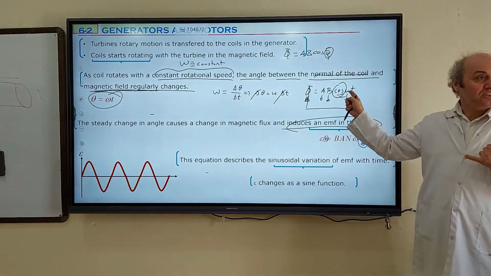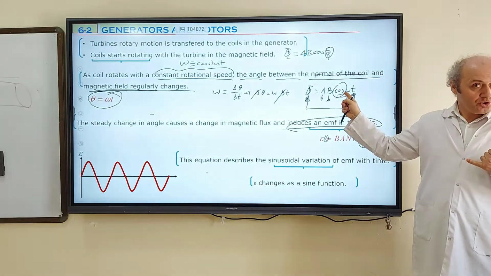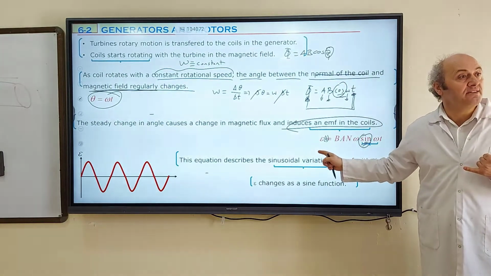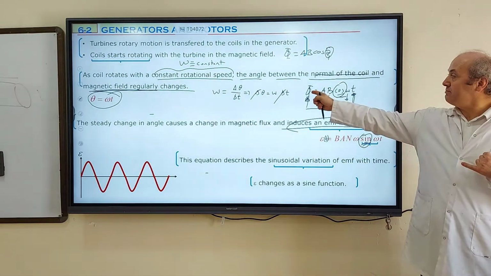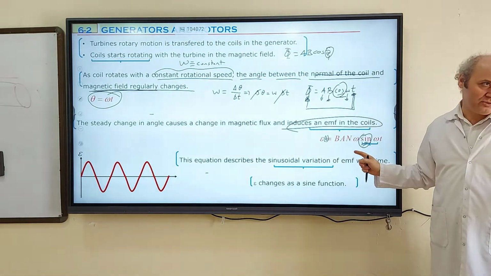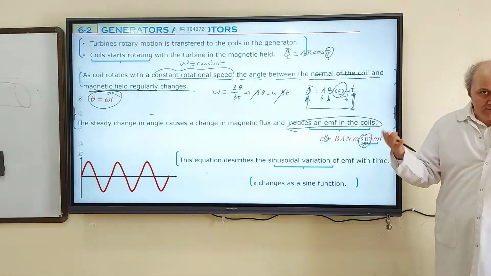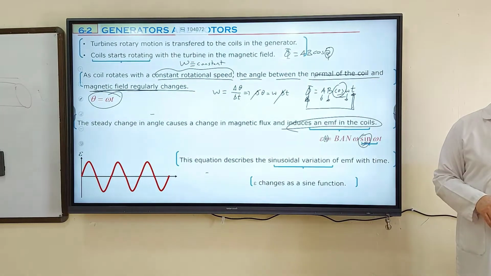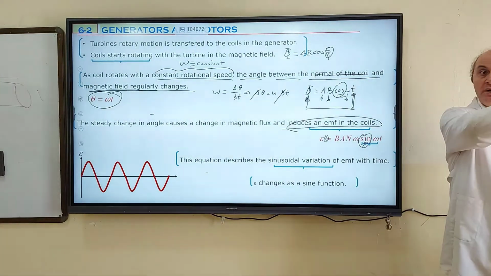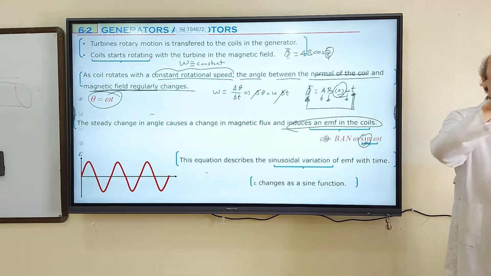As magnetic flux is maximum, which is the cosine function, the sine function is 0. So induced EMF is 0. As magnetic flux is 0, induced EMF gets maximum value. Mathematically, it tells you this fact. Teacher, so E is directly proportional with the change of magnetic flux? Yes, the change, not the magnetic flux. That's the point. Very good. This is a very good point.